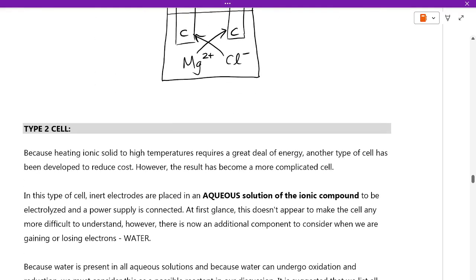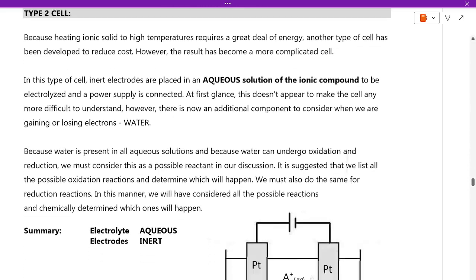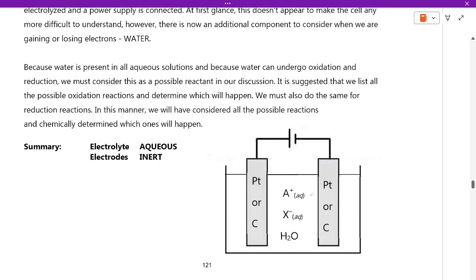Type 2. Because heating the ionic solid to high temperatures requires a great deal of energy, we often use an aqueous solution instead. But we can't do it for things like group 1 or group 2, which is why we still use type 1 cells for those. But we do have to watch out for water, because water can be oxidized and water can be reduced.